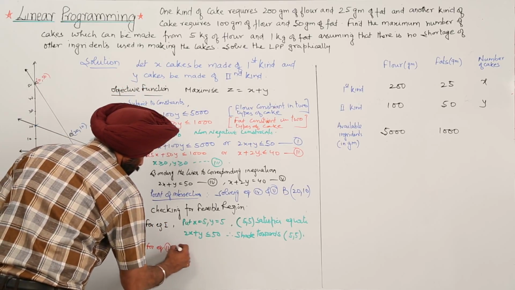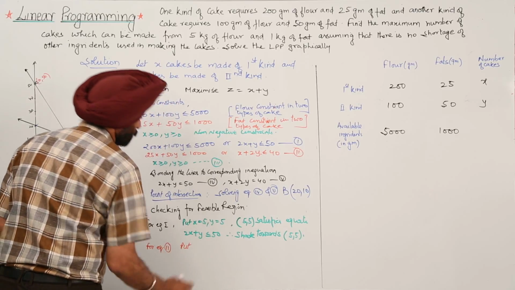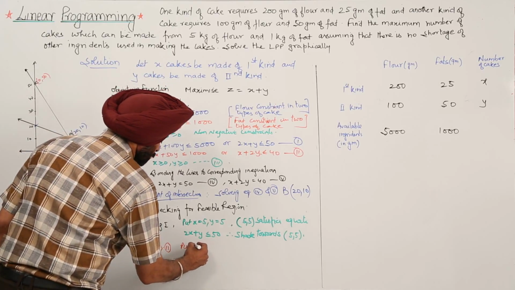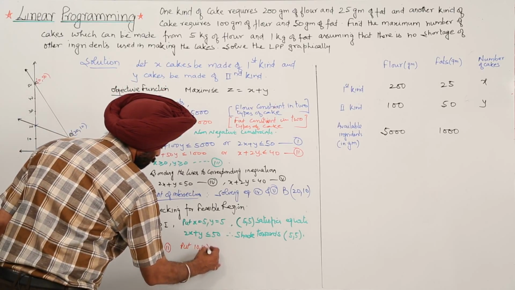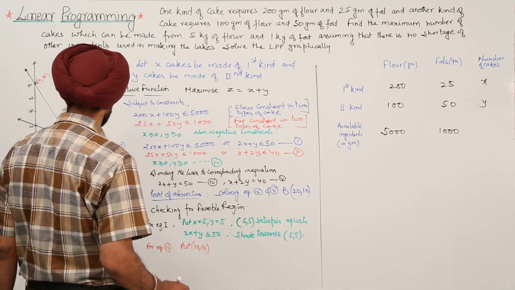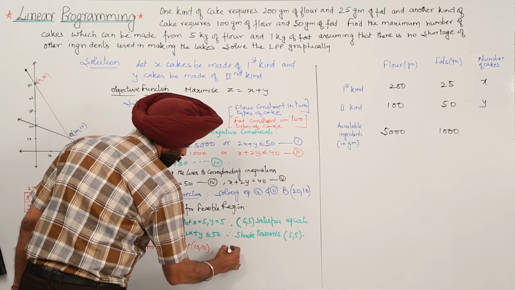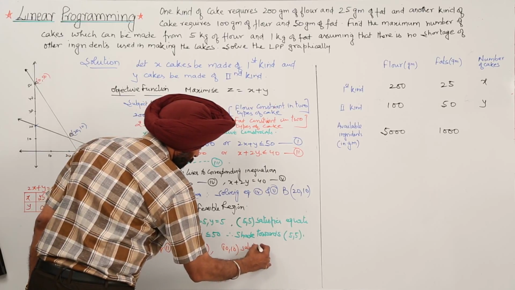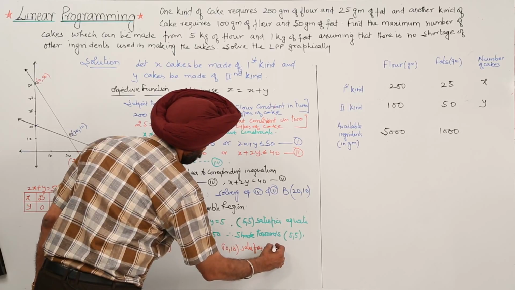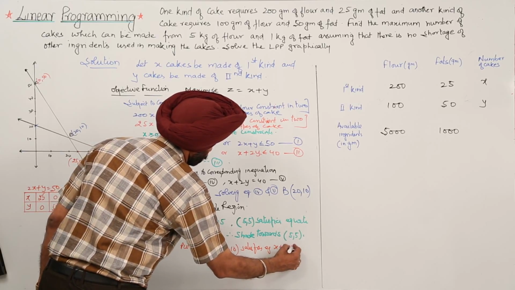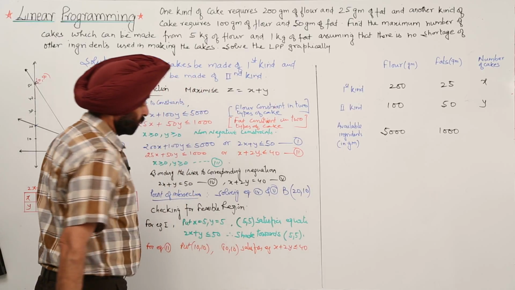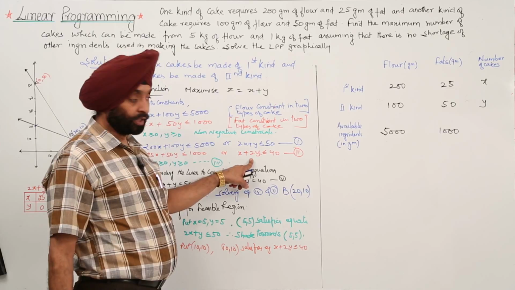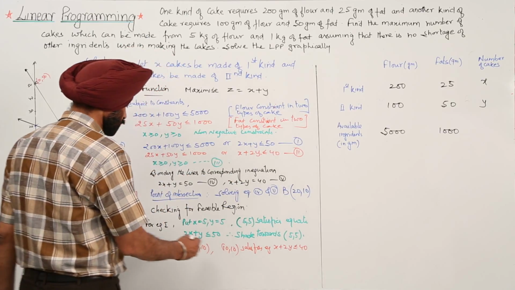For equation 2, put 10 comma 10. 10 comma 10 satisfies x plus 2y is less than 40. 10 plus 10 times 2, 20, it becomes 30. So it satisfies the equation.